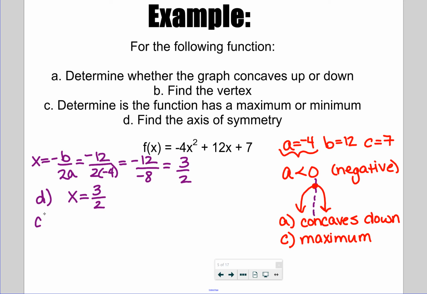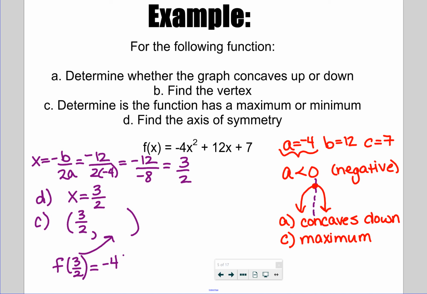Finally, part C, I actually have the first part of this already. If I'm looking for my vertex, remember the first part of your vertex is that same h value, or negative b over 2a, that we found for the axis of symmetry. So all we need to do to get the y value that goes with it is plug the number we found into the function.